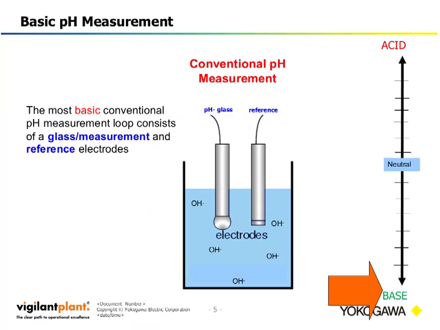The measuring glass electrode measures the potential difference generated across the glass membrane. This voltage is then compared with the millivolt output of a reference sensor that is independent of the pH value of the sensor. Typically, this reference cell is a metal wire with an insoluble metal salt attached to it in a salt solution or gel electrolyte. This is separated from the process via a junction.